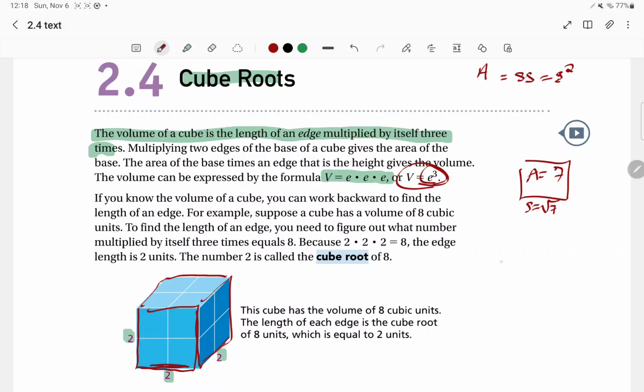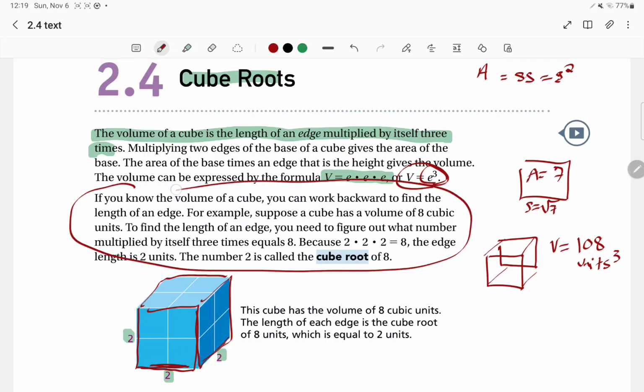Now, let's say we have a cube and we know its volume. Okay, so if we know the volume of the cube is 108, let's say, that would be units cubed. What this is saying right in here is you can easily find the edge length, or the side length, or whatever you want to call it, but for cubes it's more accurately edge length.